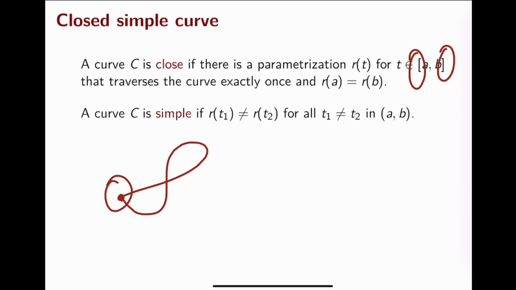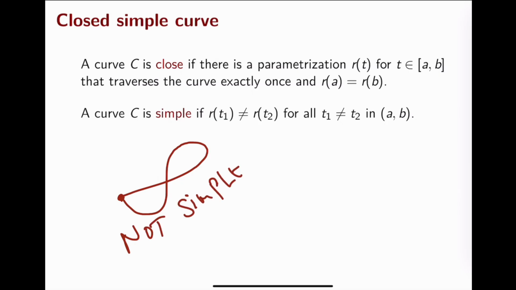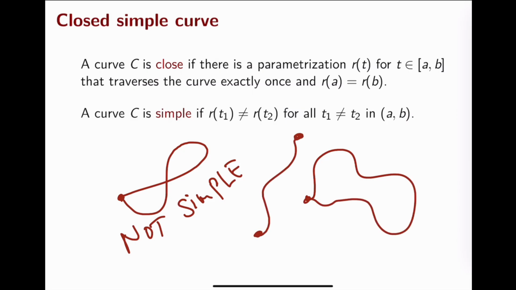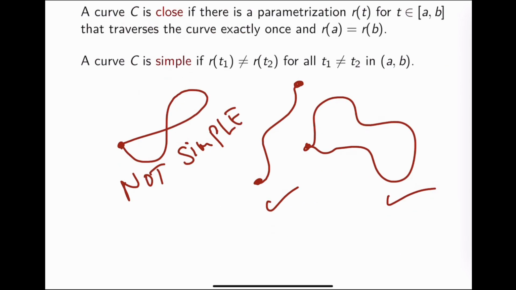They are not at A or B, but in the interior. So this curve then will be not simple, and a curve like this, let's say, that will be simple. A curve like this will be also simple. So this one, for instance, will be simple but not closed, right? But both of them will be simple curves.